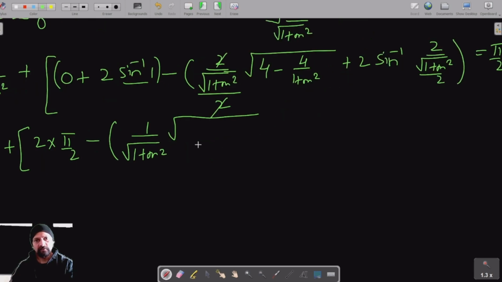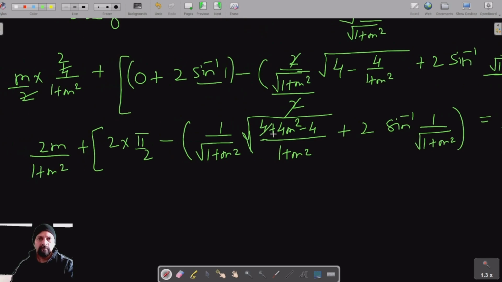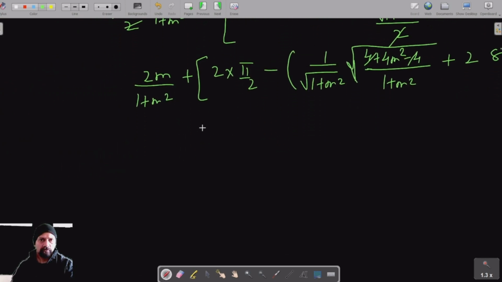So if we take LCM here, this is under root 1 plus m square, and this is 4 plus 4m square minus 4 plus 2. Now 2 and 2 gets cancelled, so this is 2 sine inverse 1 upon under root 1 plus m square is equal to pi by 2. Okay, so 4 and 4 gets cancelled. I'm going to open the bracket now.